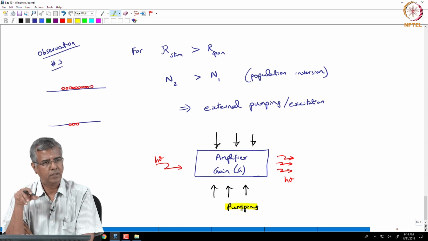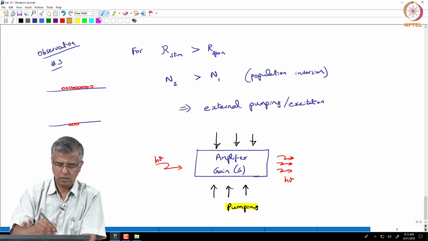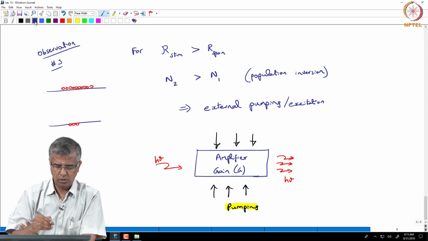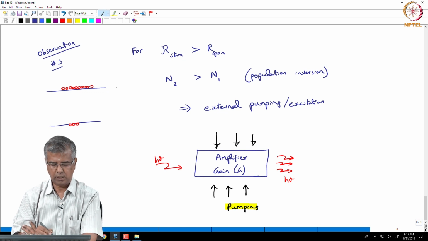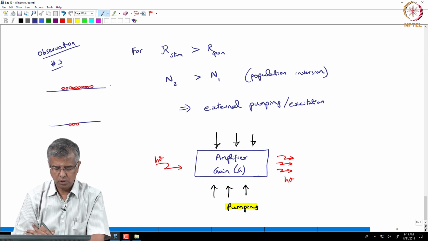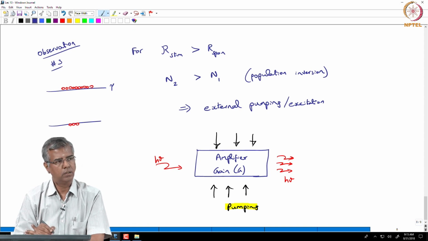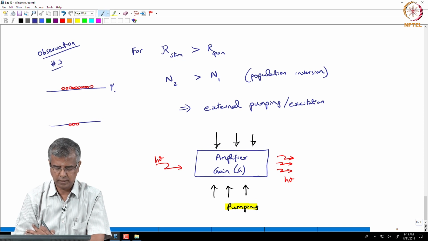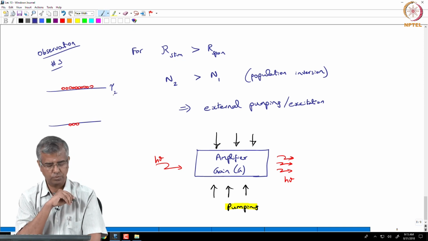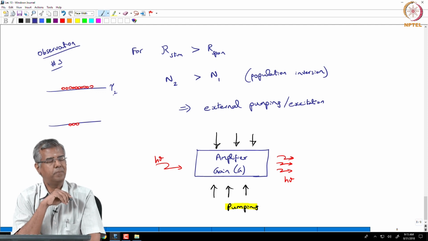So, apparent when you look at this picture is the fact that when we look at this atomic system, this lifetime, right, let us say this corresponds to tau 2. What can we say about that lifetime?